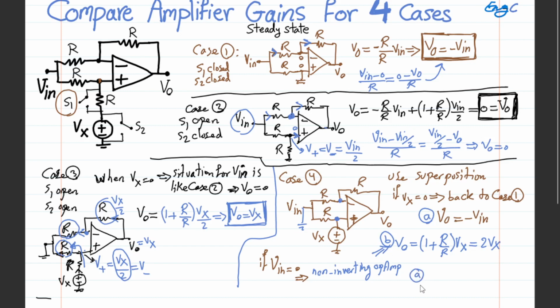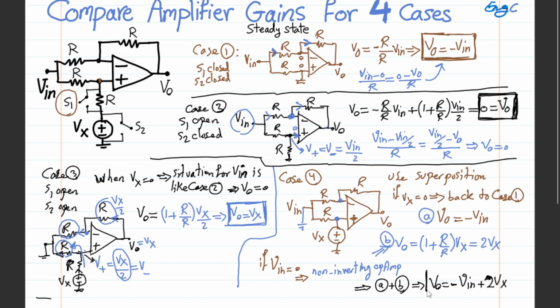Therefore, in summary, A plus B, resulting in V out equal to negative V in plus 2 times Vx.